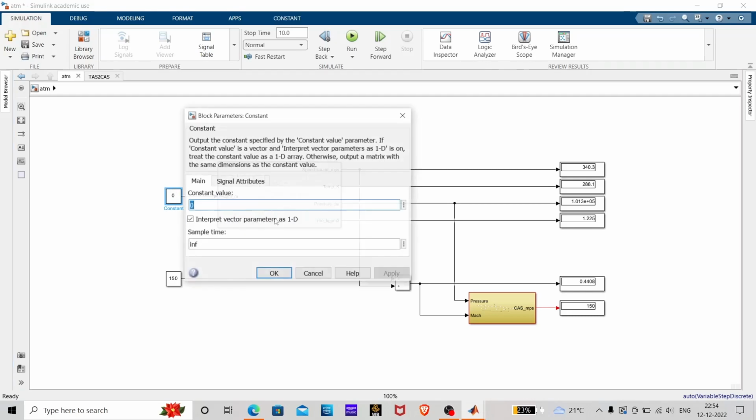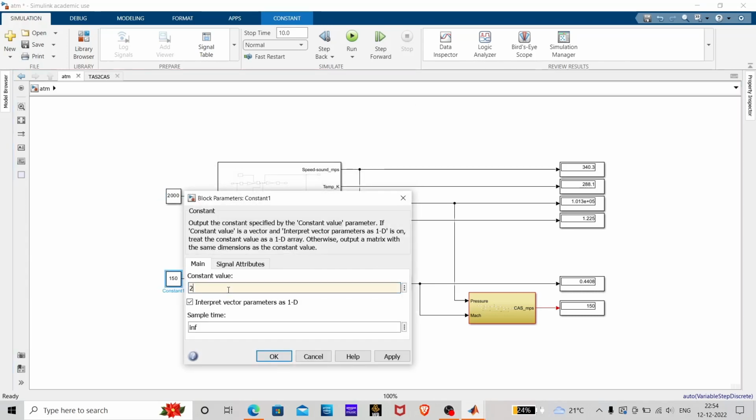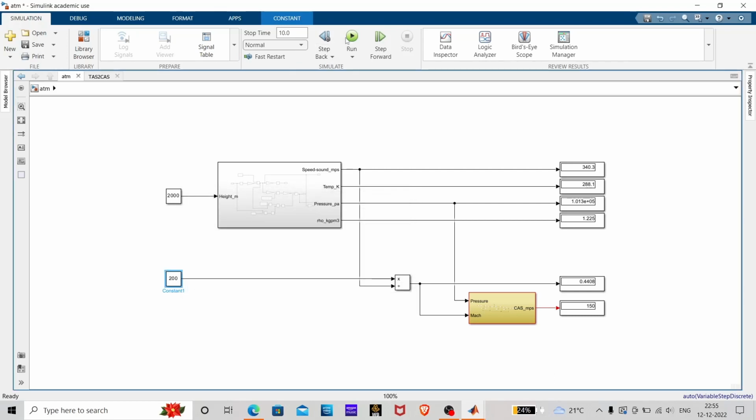When we increase the altitude to 2000, which is 2 kilometers, and increase our true airspeed to 200 meters per second, we can see that the true airspeed is 200, but the calibrated airspeed is a little bit lesser, and this is the Mach number 0.6, and here is the speed of sound, this is the temperature, this is the pressure, and this is the density.